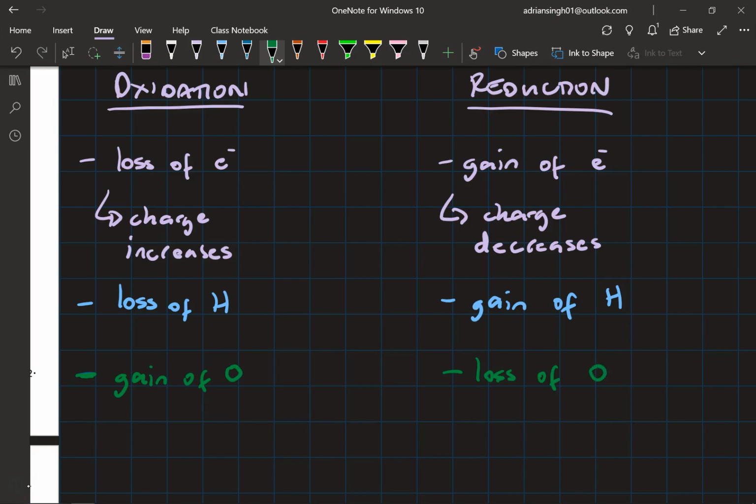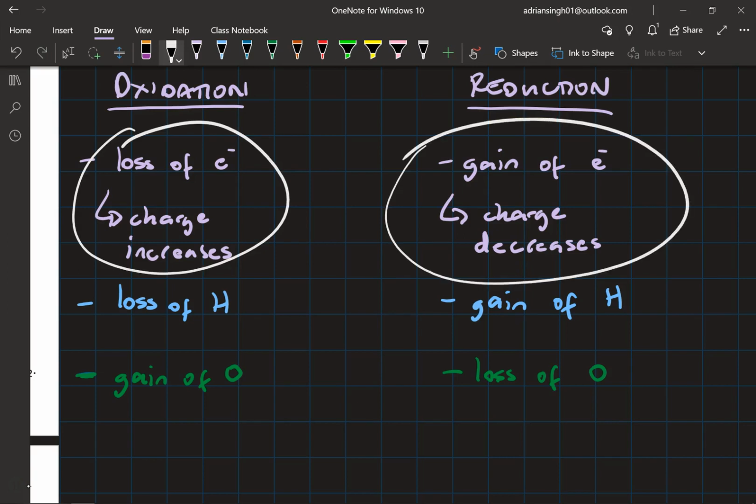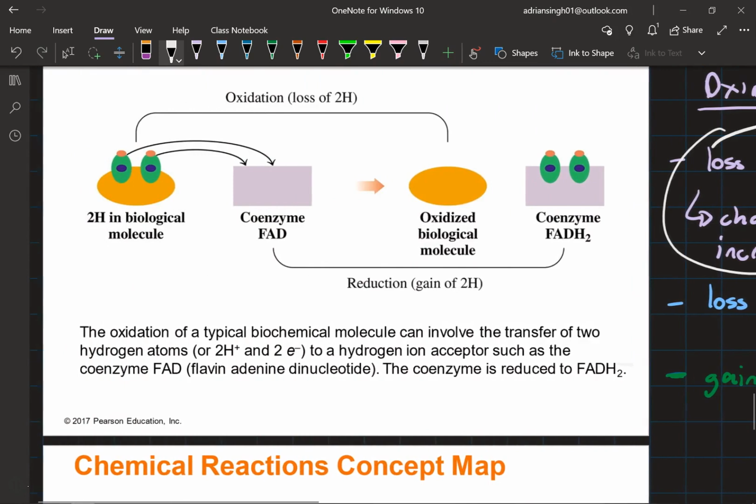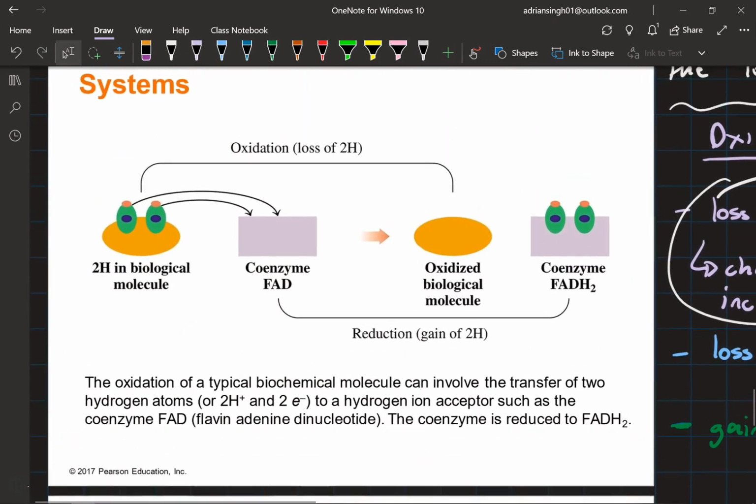All right, so we can look at oxidation reduction in terms of three different perspectives. We've already looked at the first part here, the electrons. Let's take a look at the second part, the loss or gain of hydrogens. So for example, in biological systems, let's say that your body is trying to break down a biological molecule, let's say something like a sugar, for example.